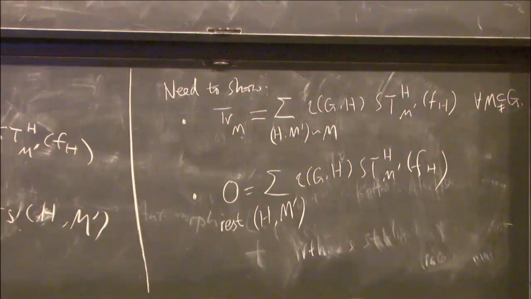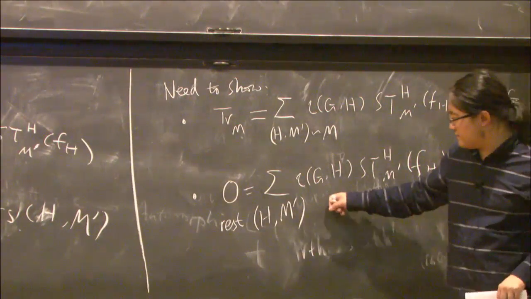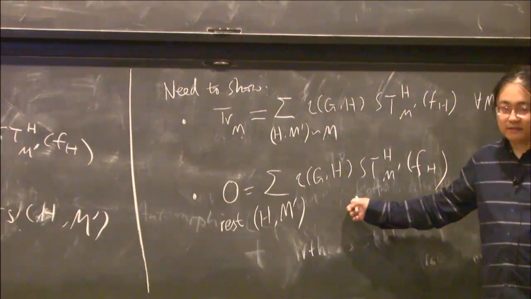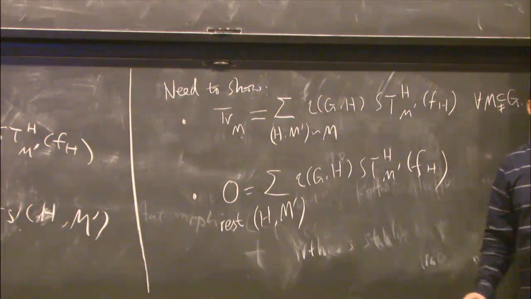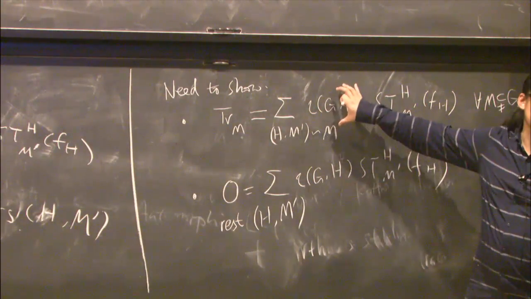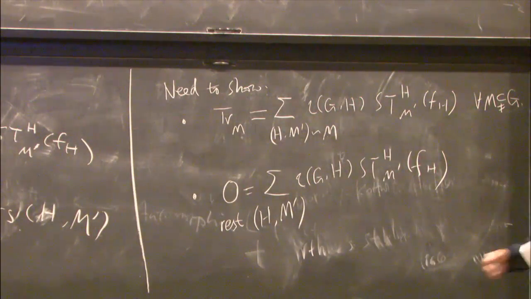Okay? So I should remark that this second vanishing result is not automatic from the definition, but it also follows from similar calculations in order to prove the first one.